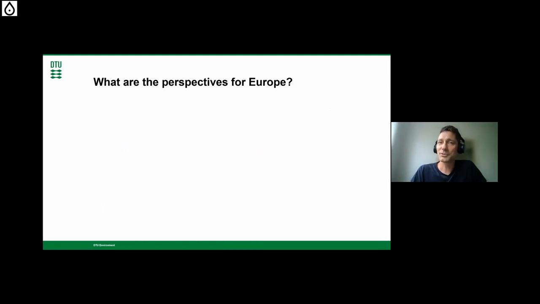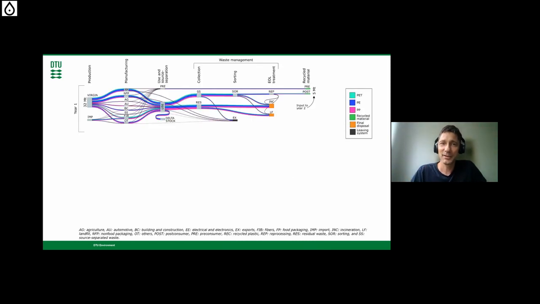So the question is, what are basically the perspectives for Europe? We have looked into, again, for just a few types of plastics, the different types of uses of these plastics and what actually happens with this.